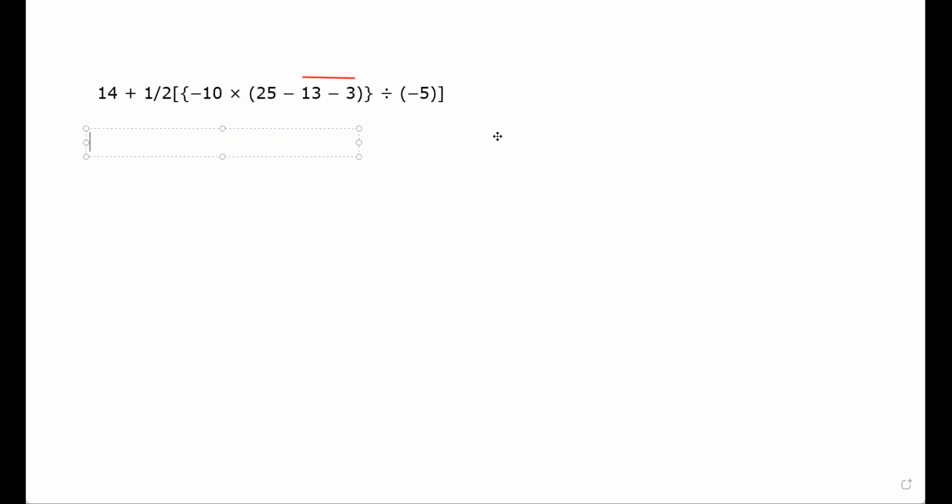So our expression will be like 14 plus 1 by 2, in the big bracket, minus 10 into, under the small bracket, 25 minus, and we solve the line bracket first. Then 13 minus 3 would be 10. Then we simply write down this equation in a very easy manner so that anyone can write it.